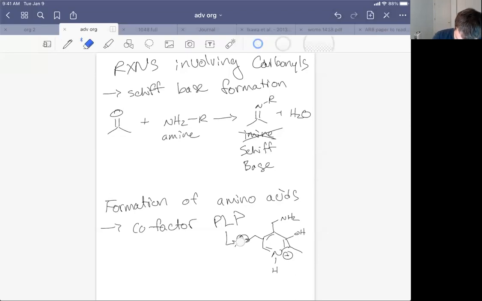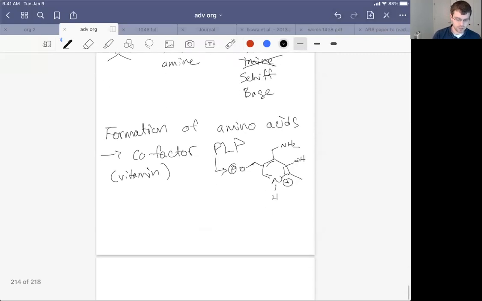That arrow is kind of making this look a little gross, so I'm just going to redraw it. I like to circle my phosphates to remind me that it's not a phosphorus atom, but the phosphate functional group. Okay, so this is PLP. This is a cofactor. It's a vitamin that we consume quite a bit, and this allows us to produce amino acids with good configurational control.